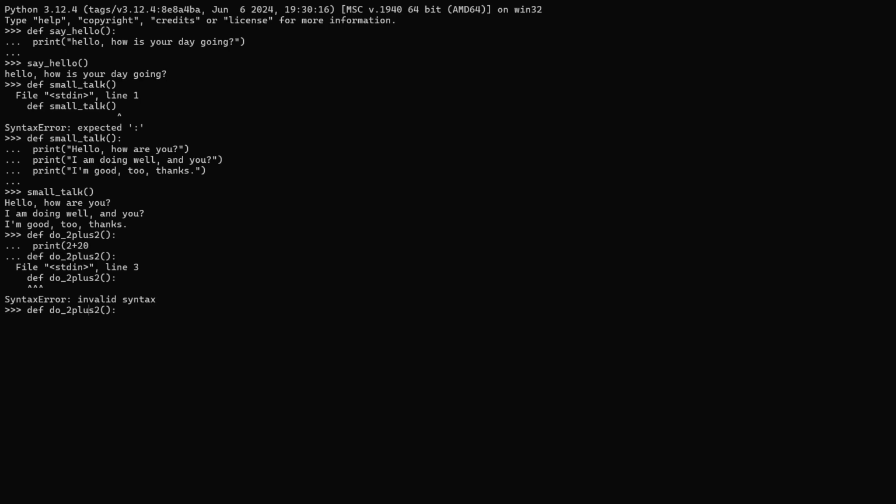So define do 2 plus 2. Print 2 plus 2. Do underscore 2 plus 2, and there.